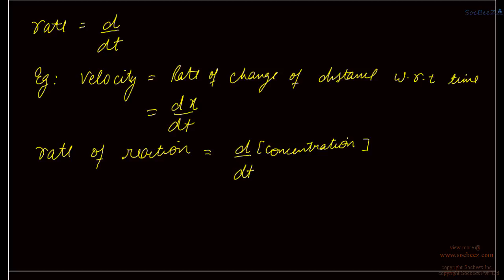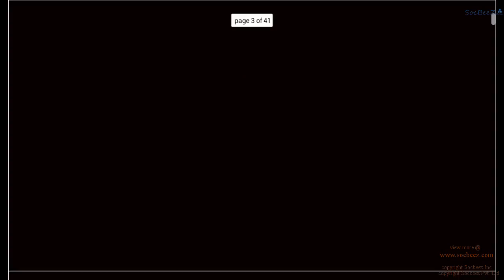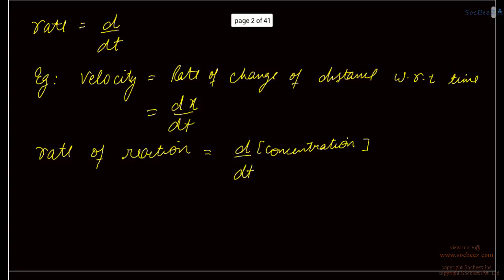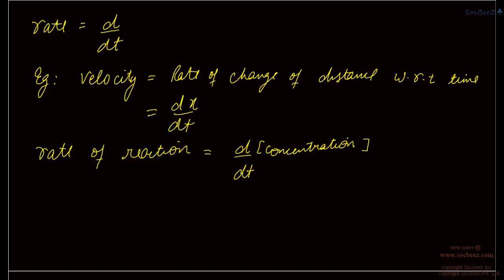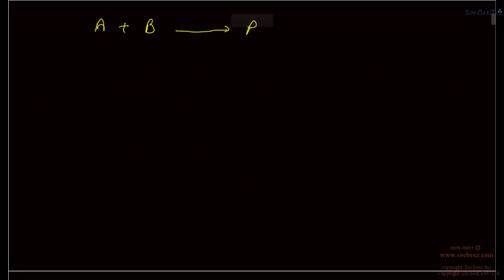Okay, so suppose any reaction is given to us. This is A plus B. Suppose there is another substance C. Or, currently just dealing with A plus B, it is giving us product P. So, since we have already discussed that the rate at which the appearance of product is taking place is the rate of reaction, and here the rate of reaction is defined as d by dt of concentration, therefore the rate at which the concentration of product is appearing is known as the rate of reaction.